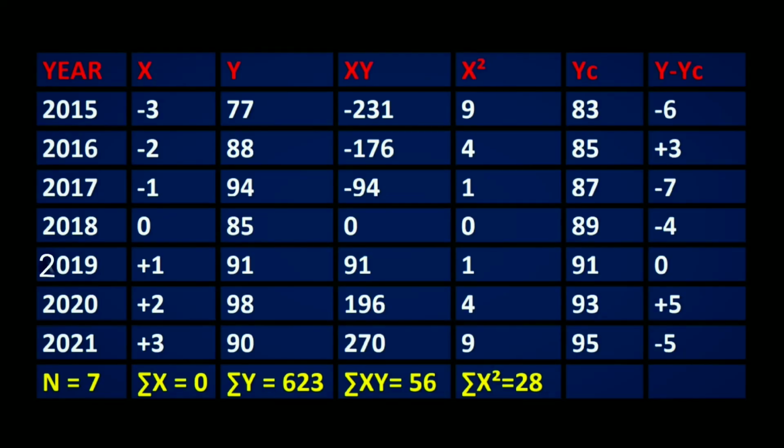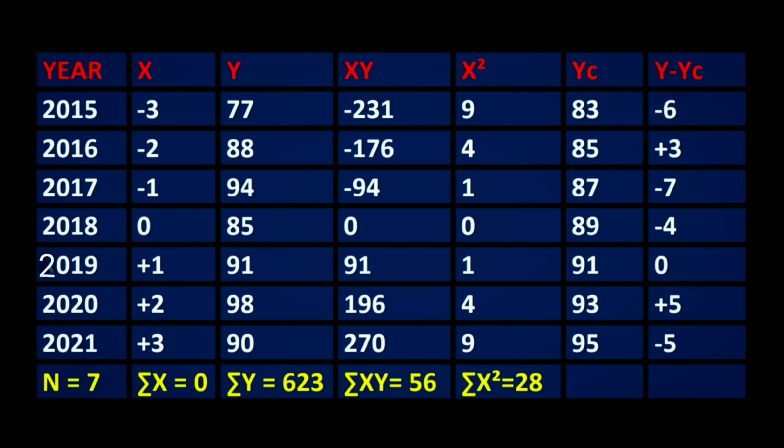I mean, we have to get the column totals. For the first column, how many years are given? We have been given 7 years of data, so the number of observations is 7. So in the first column, at the bottom we have written n is equal to 7. Next, we have also totaled the x column and found 0.